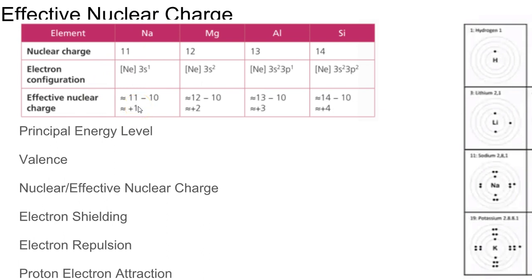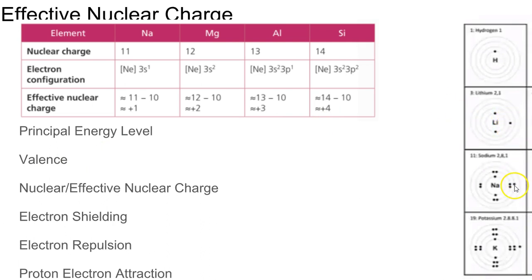Now, a couple of terminology that we're going to need to explain some of the following trends are, number one, principal energy level. Those are just those rings or the shells. So here's the first principal energy level, second, third, and fourth. Valence is going to be the outermost principal energy level, or sometimes you say valence electrons, which are the electrons on that outermost level.